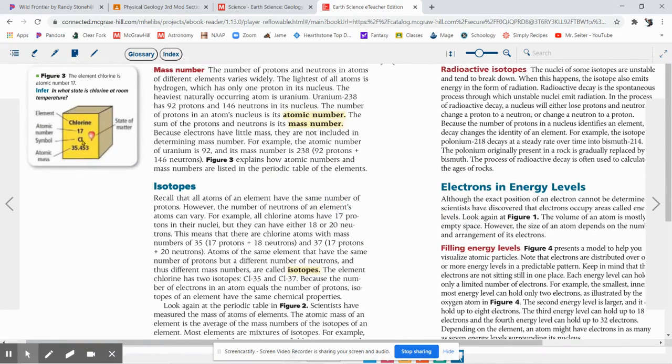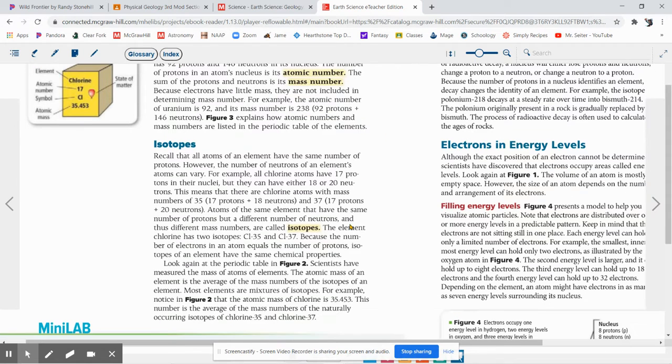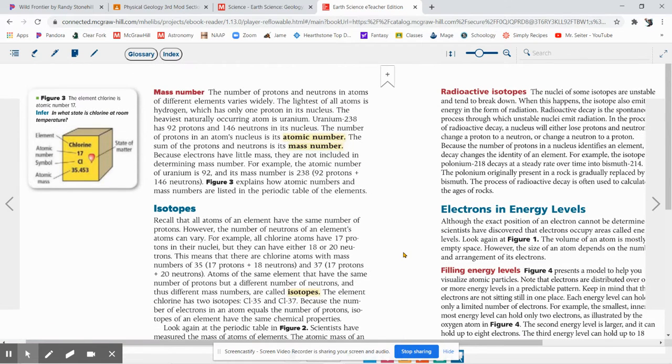Here's your atomic number, and your atomic mass in atomic mass units. Isotopes are atoms of the same element with different numbers of neutrons. Different numbers of neutrons are isotopes.